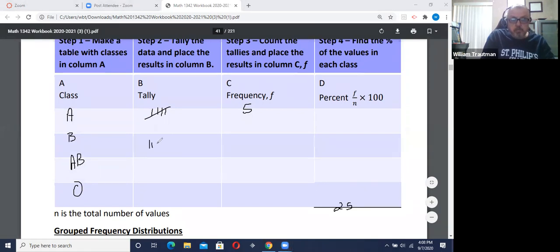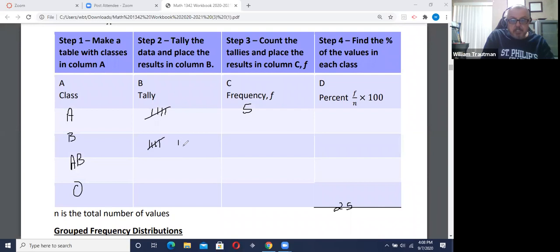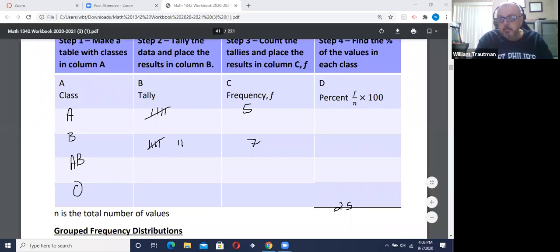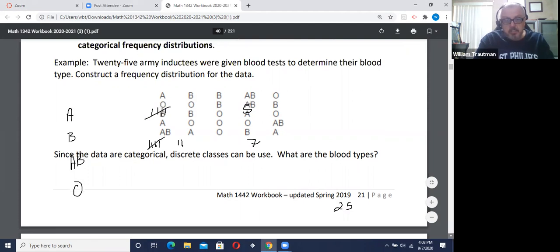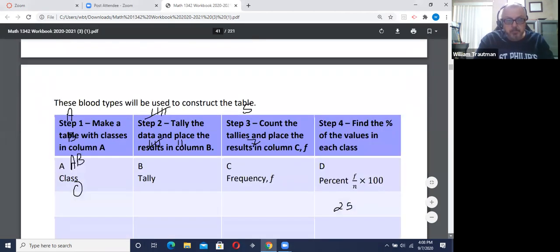Now I'm going to check the AB's. 1, 2, 3, 4 AB's, and then 1, 2, 3, 4, 5, 6, 7, 8, 9 O's. 4 AB's and 9 O's.